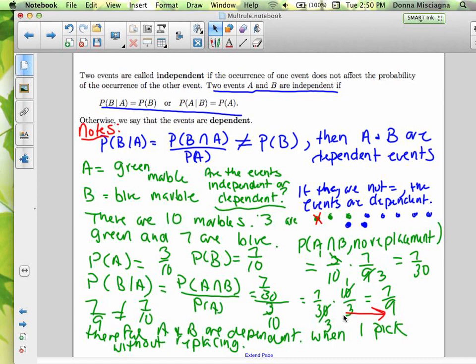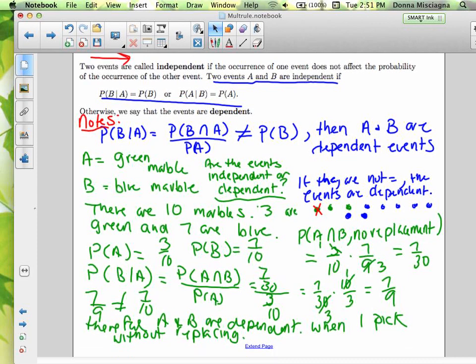Is that the same as the probability for blue? Well, no. The probability for blue is 7/10, not 7/9. Get rid of my arrow here. So, since 7/9 does not equal 7/10, therefore A and B are dependent events when I pick without replacing.